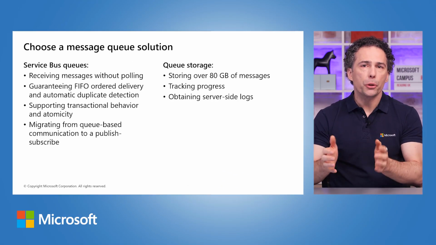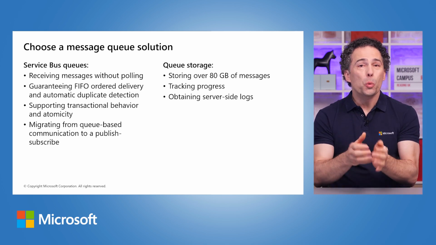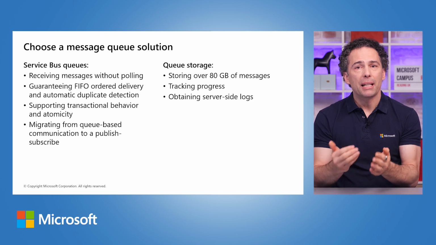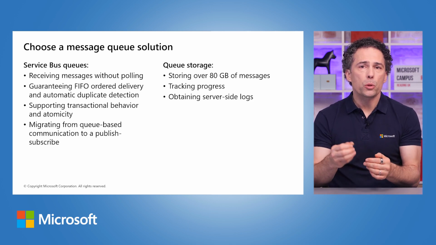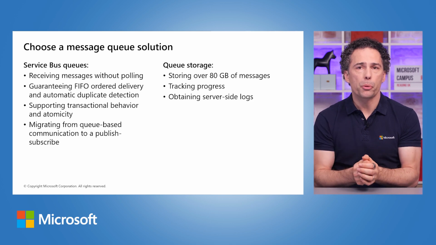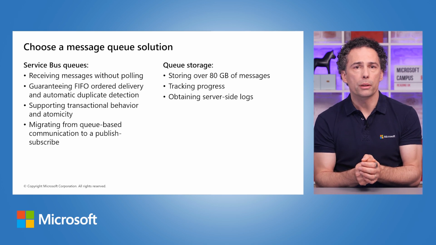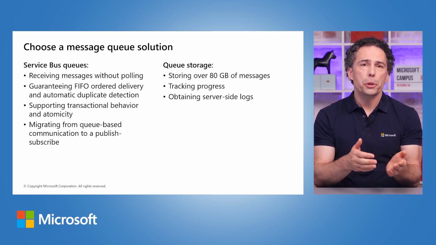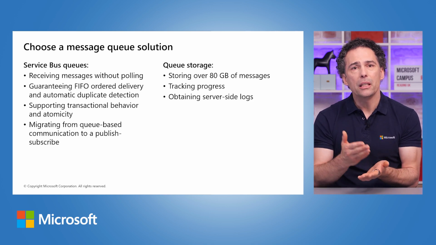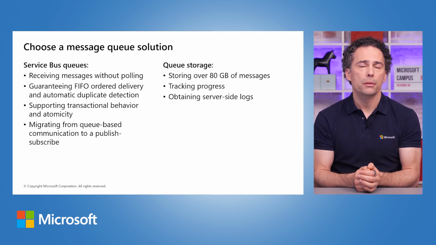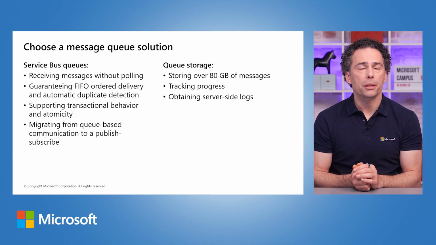Use Service Bus queues as a solution architect or developer if you want your solution to receive messages without polling the queue. With Service Bus, you can do this with a long polling receive operation using the TCP-based protocols that Service Bus supports. Or your solution needs to ensure that the queue delivers messages in a guaranteed first in, first out order. Or to enable automatic detection of duplicate messages.